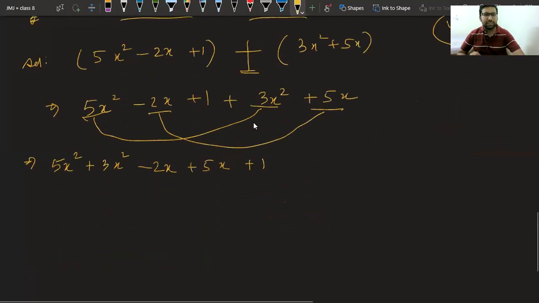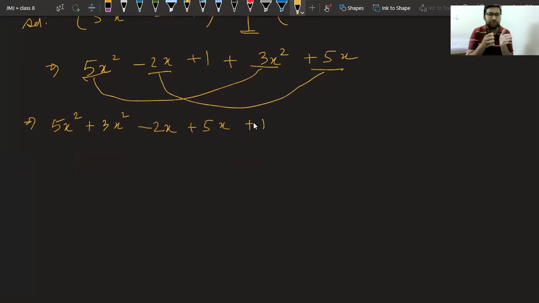Now what I have done is I have written all the like terms together. Now tell me, class, 5x square plus 3x square, what is the answer? 8x square. Very good. And how did it actually come? Class, try to understand how it came.